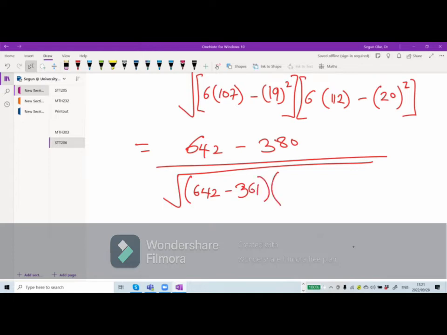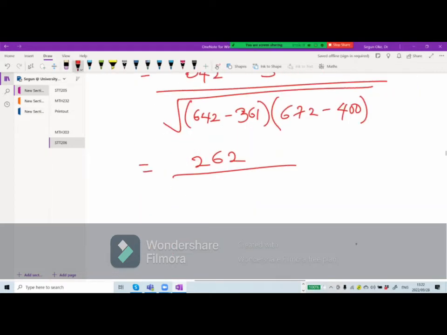Then 6 multiplied by 112, which is 672, minus 20 squared, which is 400. So when you take this one minus this, what do you have? 262, divided by 281. Close the brackets.